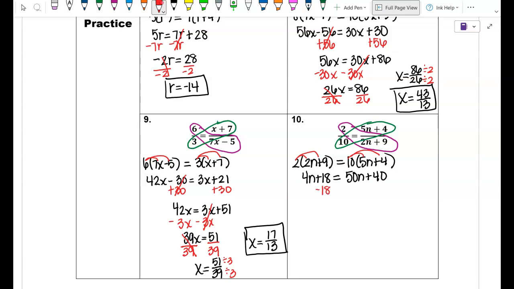Subtract 18 from both sides. And we have 4n equals 50n plus 22. Subtract 50n from both sides. So negative 46n equals 22.